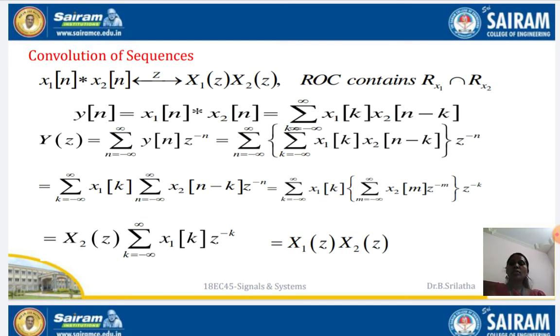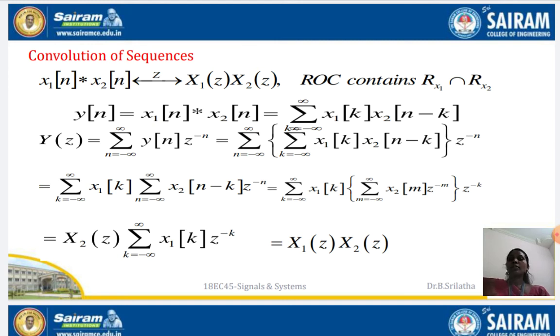The z transform of the convolution x1 of n convolved with x2 of n is the multiplication of their z transforms, that is x1 of z into x2 of z, and the ROC, region of convergence, contains Rx1 intersection Rx2, where Rx1 is the region of convergence of the first signal x1 of n, and Rx2 is the region of convergence of x2 of n. The z transform of the convolution of the two signals is the multiplication of their z transforms, and the ROC contains the overlap of the two ROCs. Correct. Now I am going to prove it.